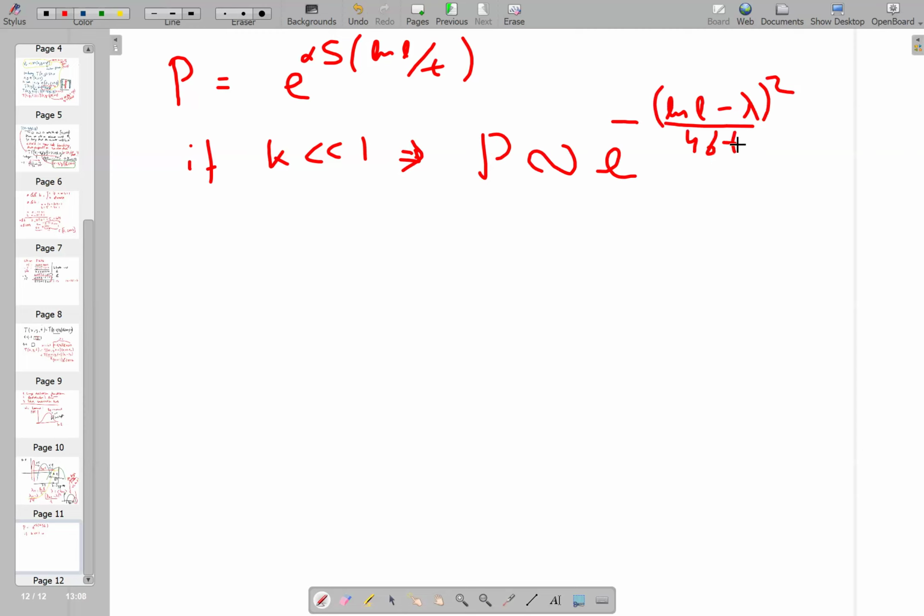So this is the solution of a diffusion equation. Sigma is the spread of those steps in logarithmic scale of the material lines, and lambda is the average growth rate of them.